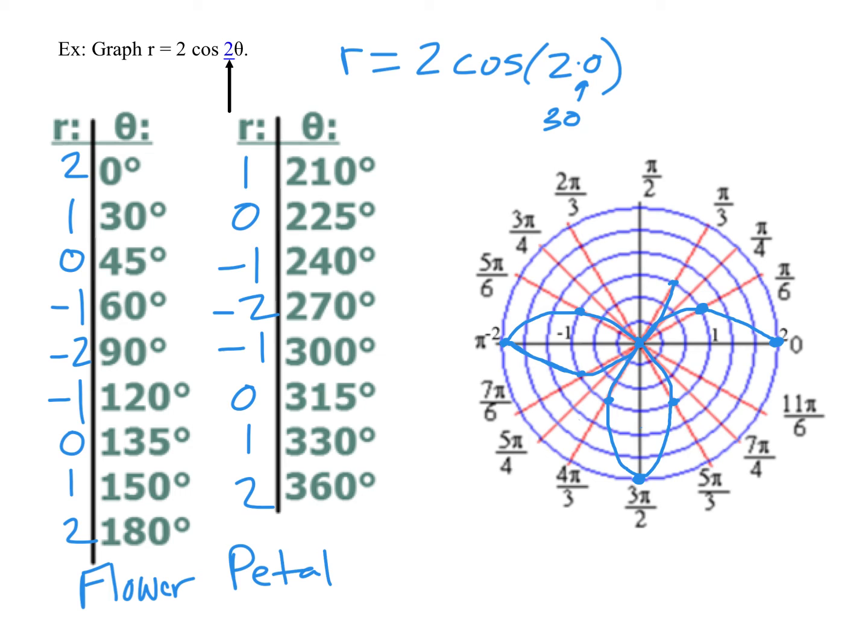-2, right? So go left to -2, and then I'm going 3/4 all the way around to there. There's 270. -1, then I'm going to 300. 315 and back to 0. 1, then go around to 330.